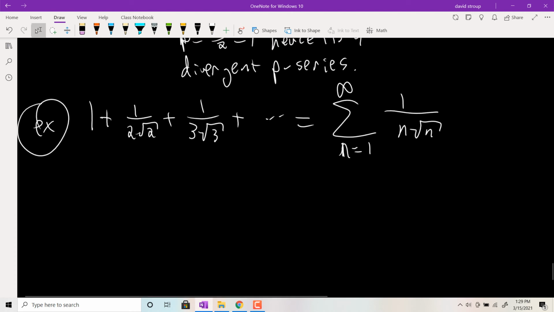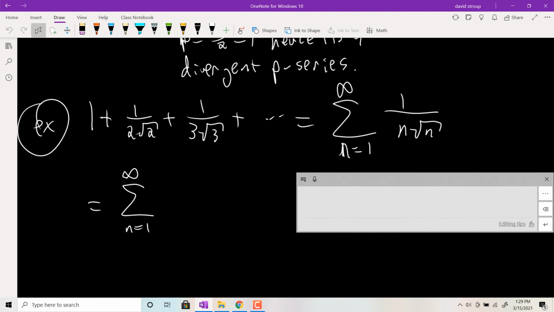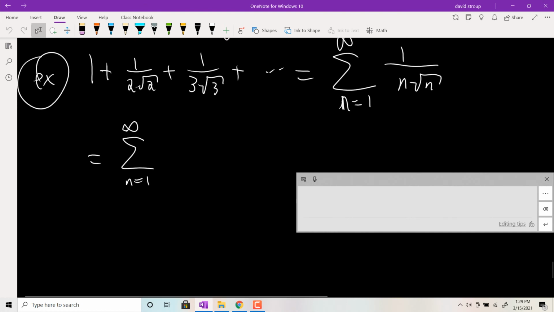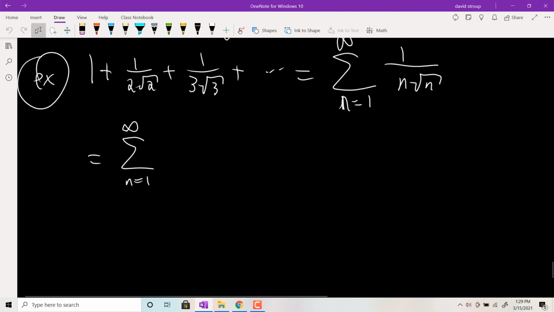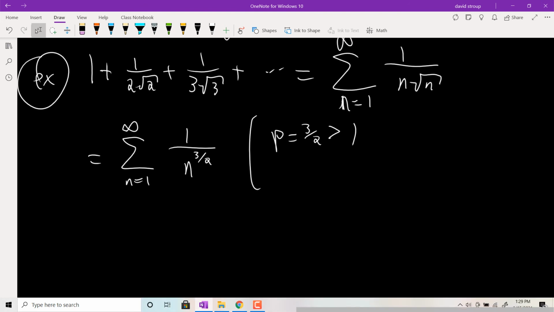And then you could rewrite that by just adding the exponents. So it's really n to the first power times n to the 1/2 power. So it's 1 all over n to the 2/2 plus 1/2, which will be 3/2, n to the 3/2. So this has a p-value equal to 3/2, which is greater than 1. Hence, it's convergent.